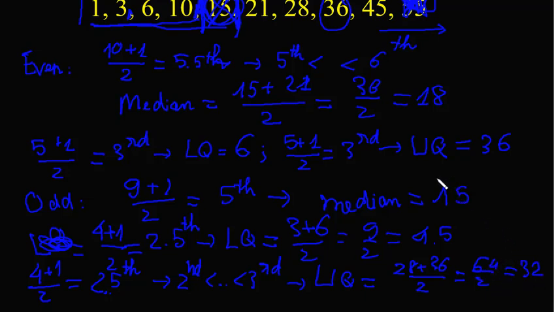Okay, so that is how we can find the median, the upper quartile, and the lower quartile for a small data set. For a data set which has an even number of values, we find the median, and then we find the median of each half.